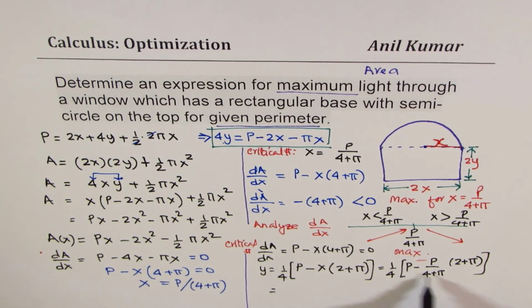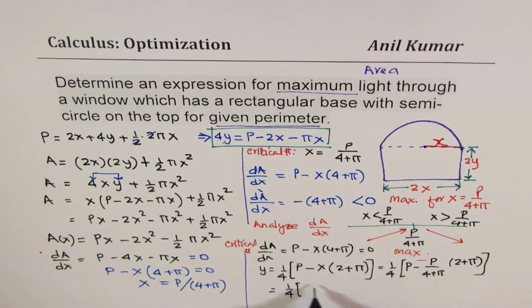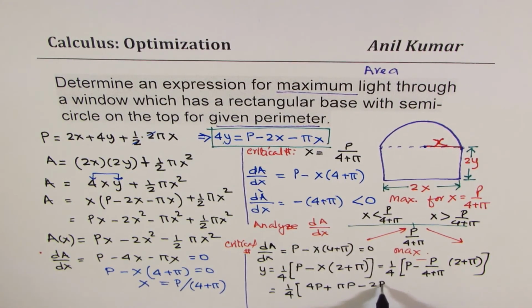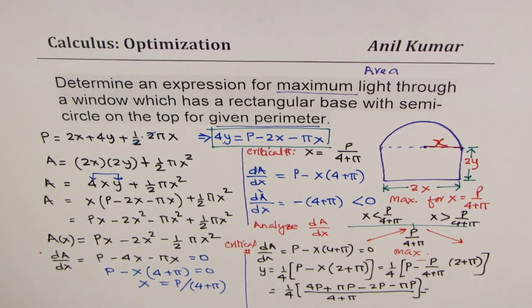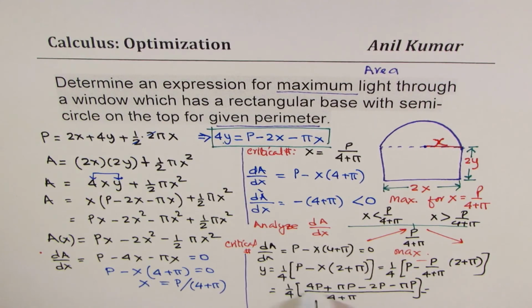So we can actually take a common denominator and solve this out. So what we have is 1/4 of (4p plus pi times p minus 2p minus pi times p) divided by 4 plus pi. Is it okay? So that is the value of y. So 4p minus 2p gives me 2p, and here we have pi p and pi p which cancel out.